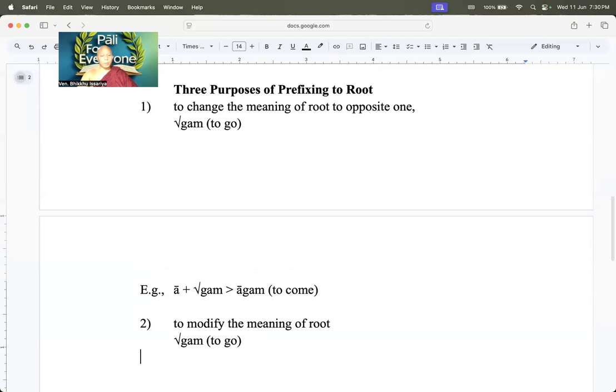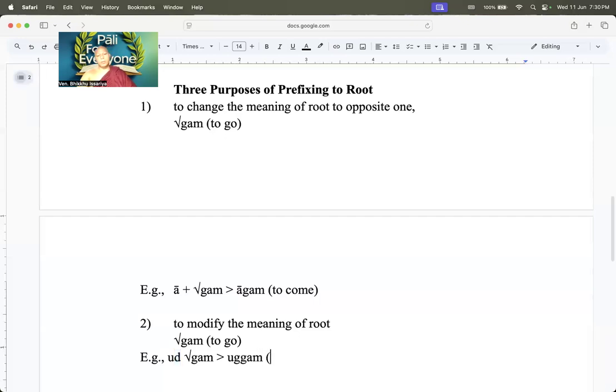But if we add the prefix ud to the root gam, then the d follows to the g. So that is uggam.